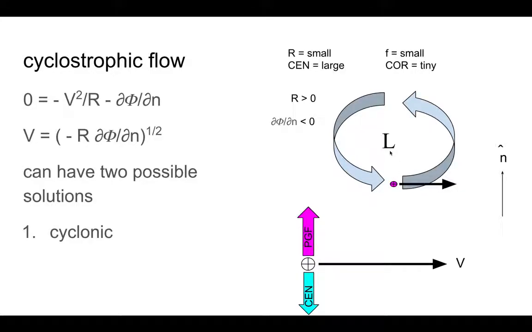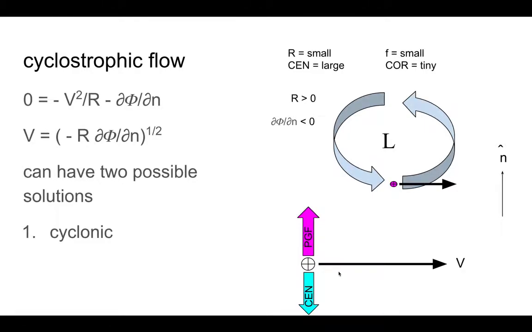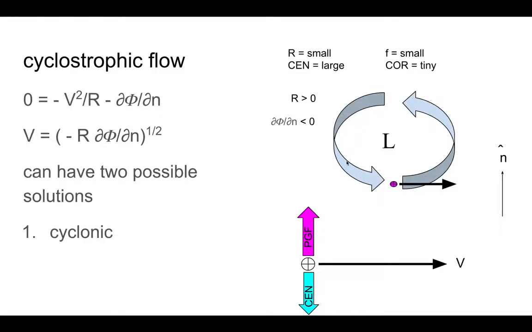So dphi/dn is less than 0. And we would have this cyclonic turning of the flow where the pressure gradient force is balanced with the centrifugal acceleration. And the flow is acting in a cyclonic sense.